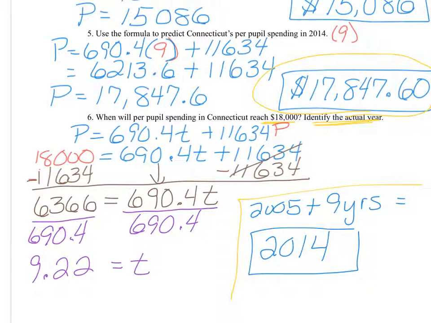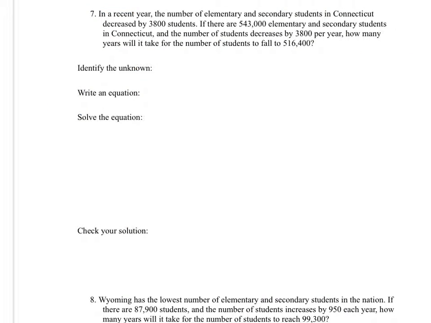Okay, so at this point, you are going to finish doing this worksheet on your own. You need to be able to identify the unknown. So I will start number 7 off with you, and then you can complete the rest on your own. In a recent year, the number of elementary and secondary students in Connecticut decreased by 3,800 students.